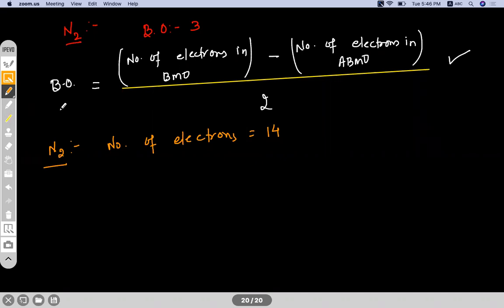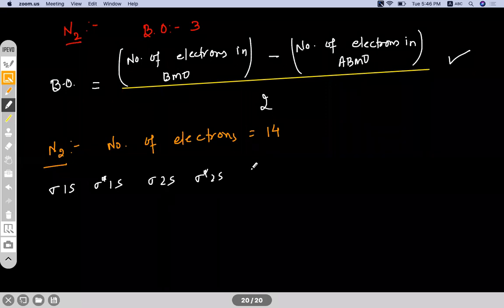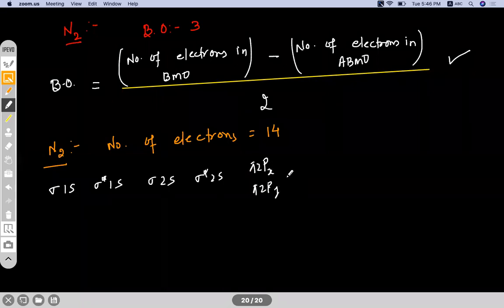So I'll write down the order here. The order is sigma 1s, sigma star 1s, then sigma 2s, sigma star 2s, pi 2px, pi 2py, sigma 2pz, then pi star 2px, pi star 2py, sigma star 2pz.